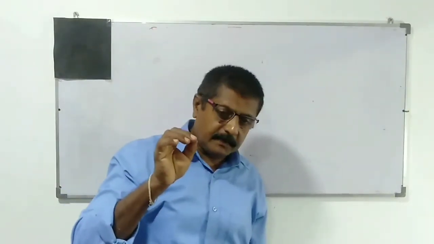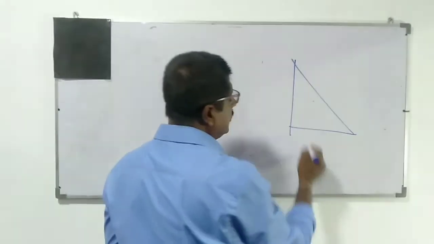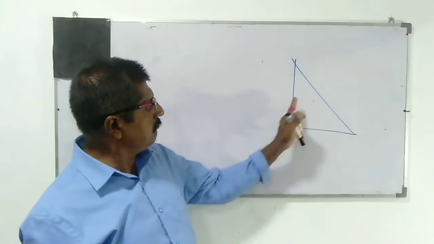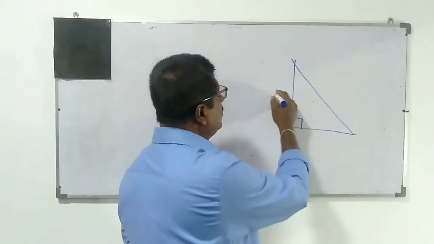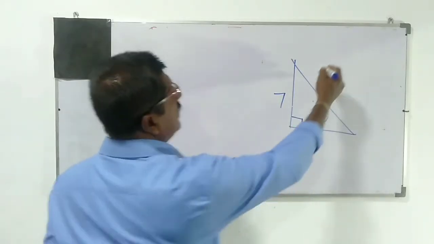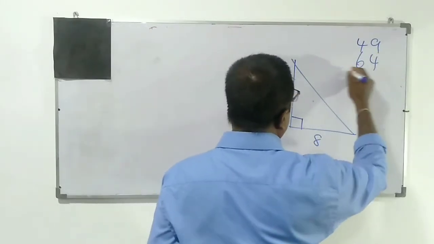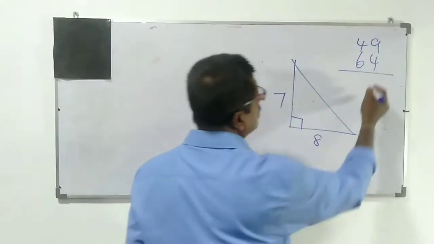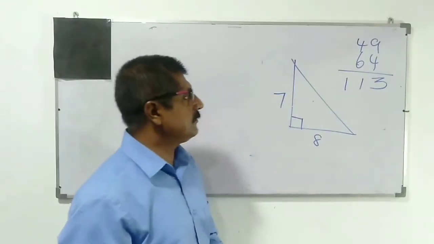Now, in all the cases, if you take a right angle triangle like this, if this is 7 and this is 8, 7 squared is 49, 8 squared is 64, the sum is 113.